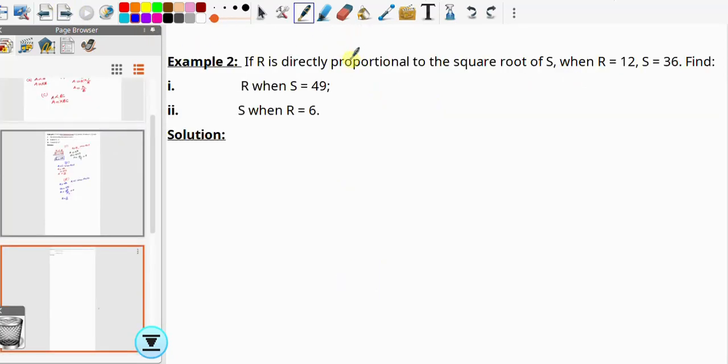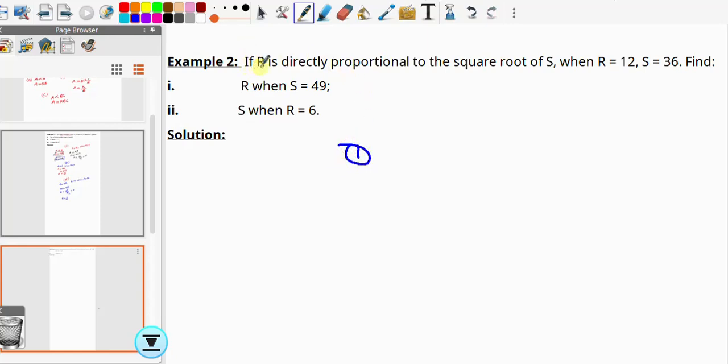Now the second example says if r is directly proportional to the square root of x, when r equal 12, x equal 36, find number 1, r when x equal to 49, and 2, x when r equal 6. Now let's start from the first one.